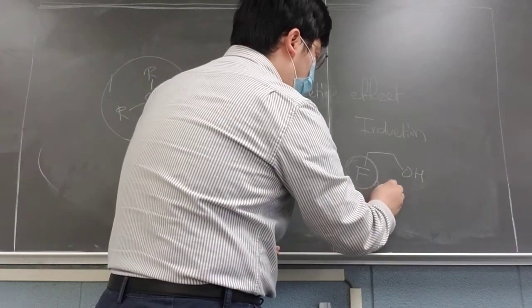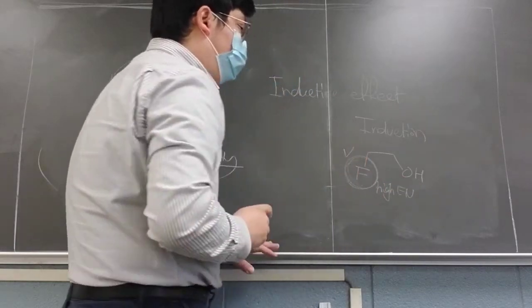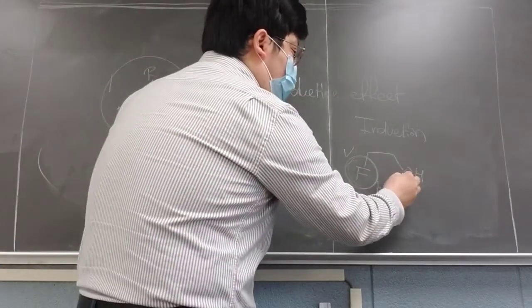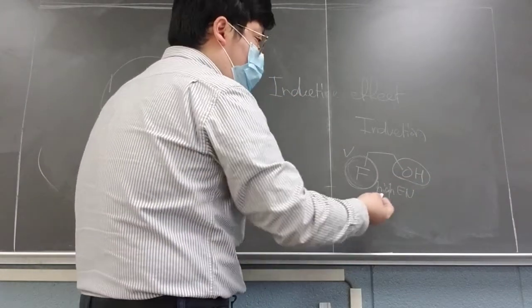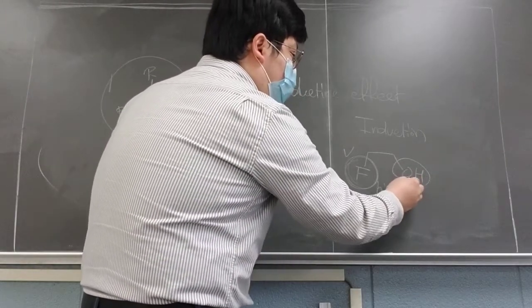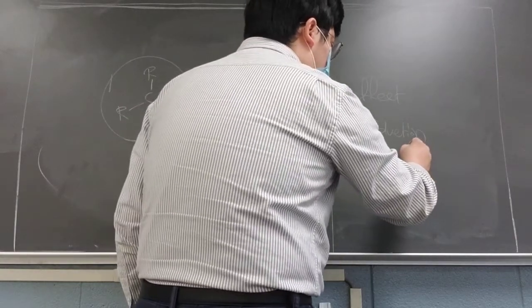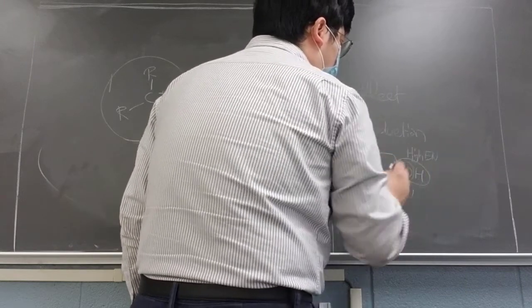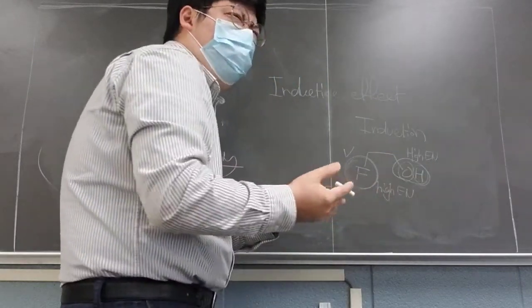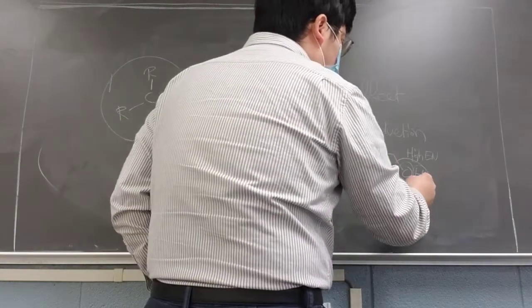And also, if you look at this hydroxy group here, the oxygen bonded to hydrogen, oxygen is also quite high in electronegativity. And then the proton is not so high in electronegativity. It's even more positive than carbon.